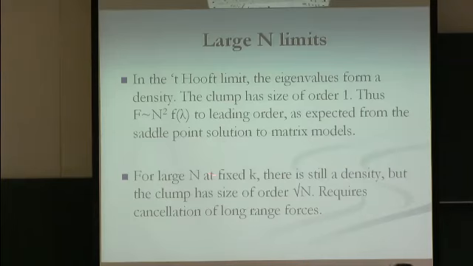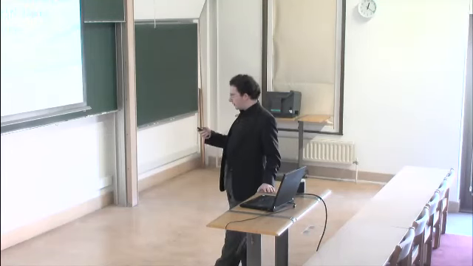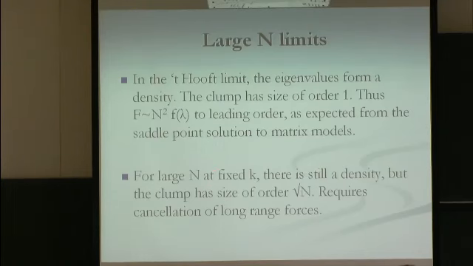But on the other hand, for large N at fixed k, it's not clear what happens. And if I wrote the generic field theory, it tends to have very wild behavior, the eigenvalues don't form a density. On the other hand, in these theories that are dual to some nice backgrounds, that can't be what happens. And in fact, it ends up, from a certain point of view, being a lot simpler than this.